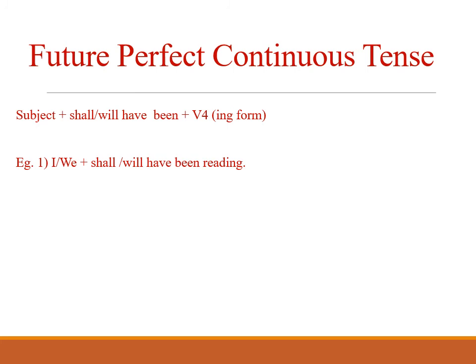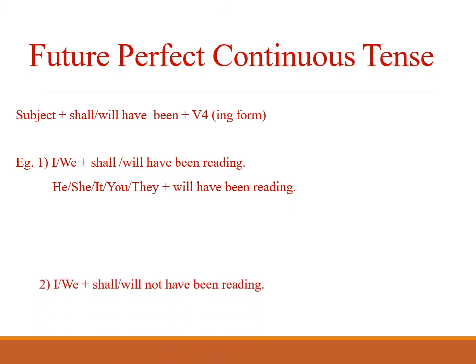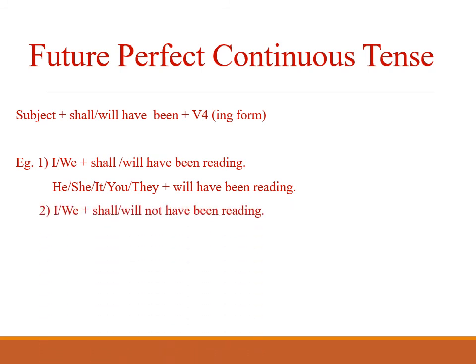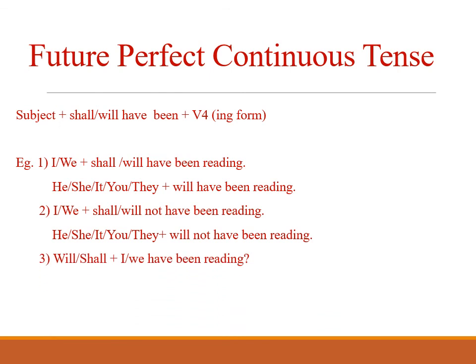So children, something in the future which is perfect and continuing, that is your future perfect continuous tense. He will have been reading. I will not have been reading. He will not have been reading. Will I have been reading? Will he have been reading?